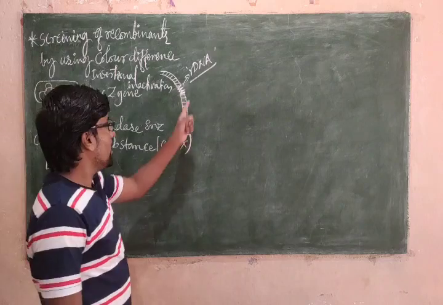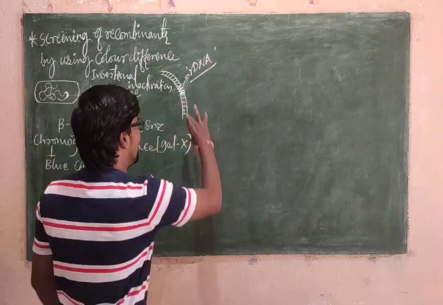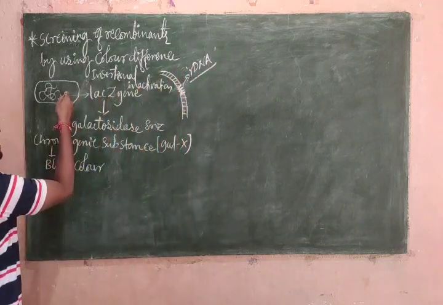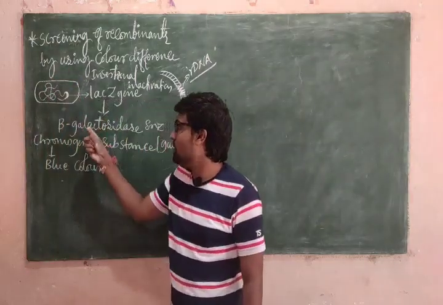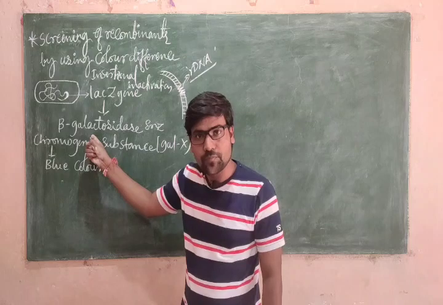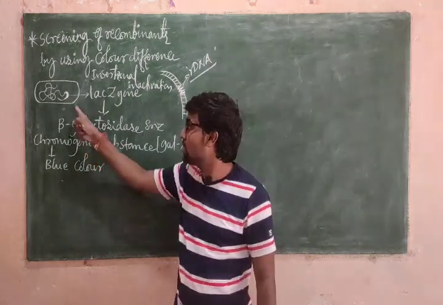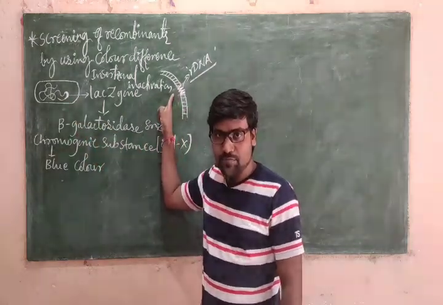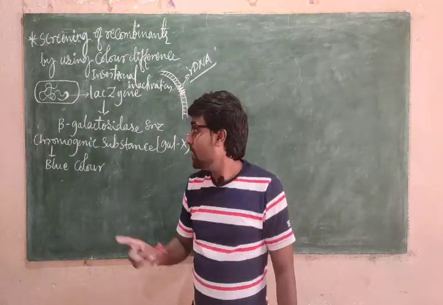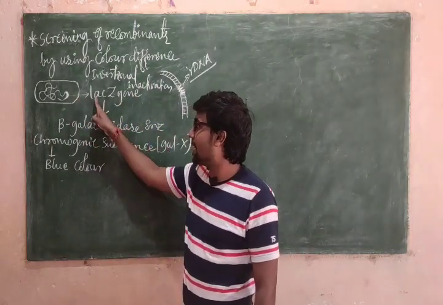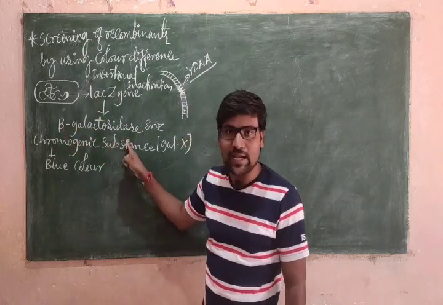Now tell me, I have added this rDNA and this gene is present here. Whether this bacteria produces this enzyme? No, it cannot produce. Why? Because its gene is insertionally inactivated. That means this gene cannot code for the beta-galactosidase enzyme.